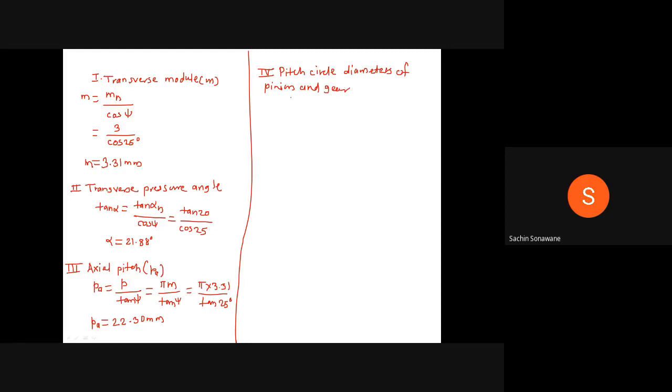Therefore, dP is equal to ZP into Mn upon cos psi. Substitute the values: 20 into 3 divided by cos of 25.